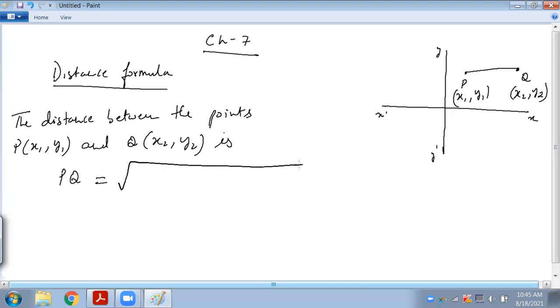Square root of (x2 minus x1) square plus (y2 minus y1) square. Here x1, y1, x2, y2, the 1 and 2 are suffixes.